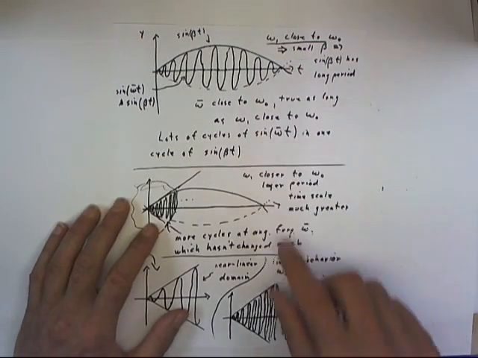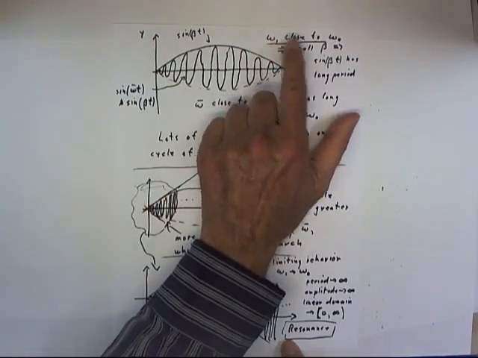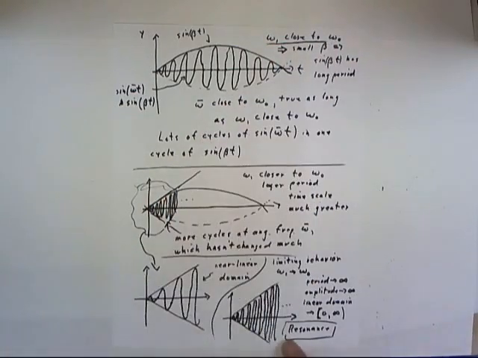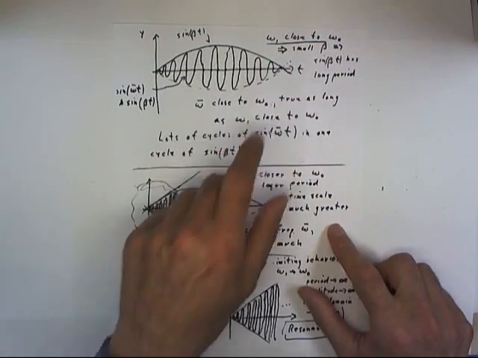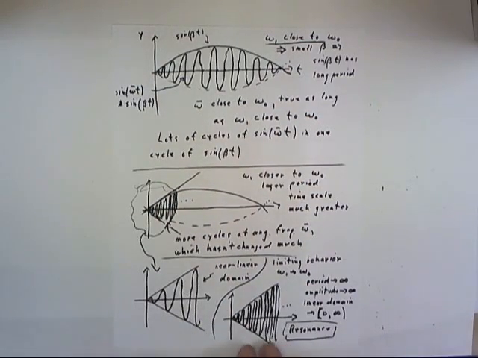Okay, as we saw in the last clip, as omega 1 approaches omega naught, the system that we've been talking about will approach resonance.